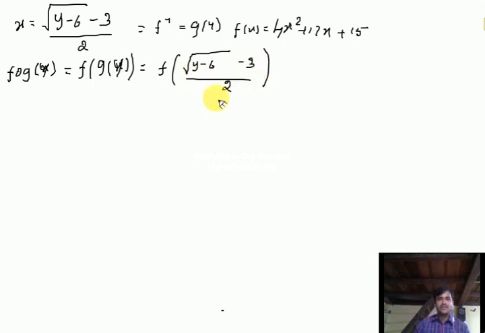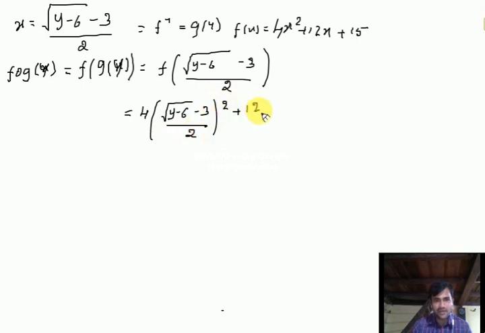Now f is a function which converts an element to 4 into element square plus 12 into element plus 15. Therefore it will be 4 into, so what will be the square of this? Square root of y minus 6 minus 3 divided by 2 the whole square, plus 12 into element. Element will be square root of y minus 6 minus 3 divided by 2, plus 15.